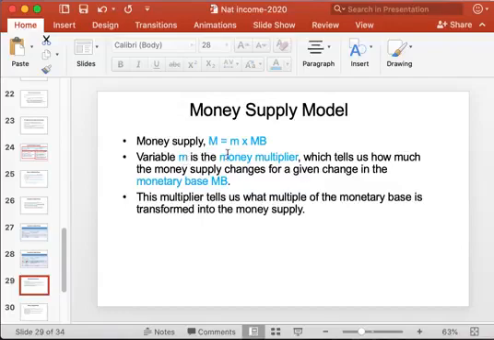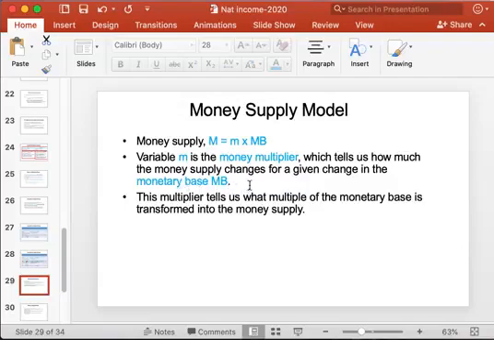The variable small m in this formula is called the money multiplier, which tells us how much the money supply changes for a given change in the monetary base.